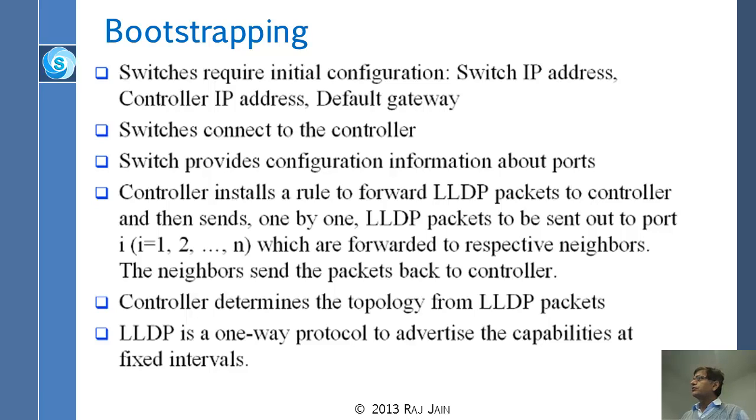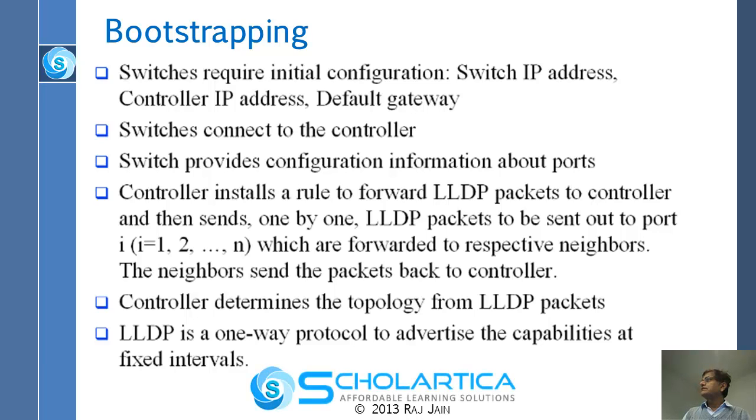The controller installs a rule to forward LLDP packets to the controller. So every switch has this rule that if you get any LLDP packets, please send it to me. And then it sends LLDP packets one by one, to be sent out to the port i equal to 1 through n. So if it finds out that you have 4 ports, it sends you 4 LLDP packets, saying send this to port 1, send it to port 2, send it to port 3, send it to port 4.